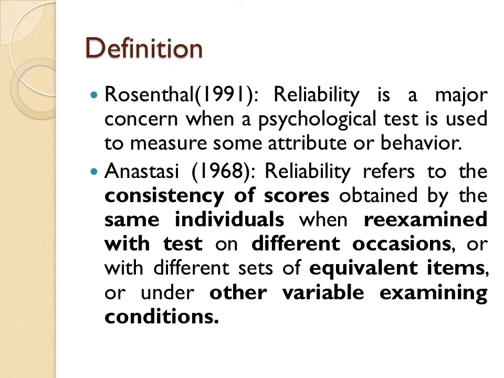So some of the important aspects that Anastasi mentioned is that reliability is the consistency of scores, meaning that each item of the test shows a consistent score against other items. And also, it gives you a consistent score from the same individuals whenever you examine the test again.